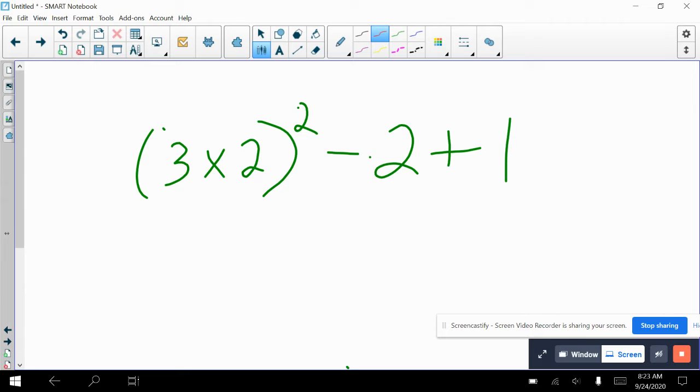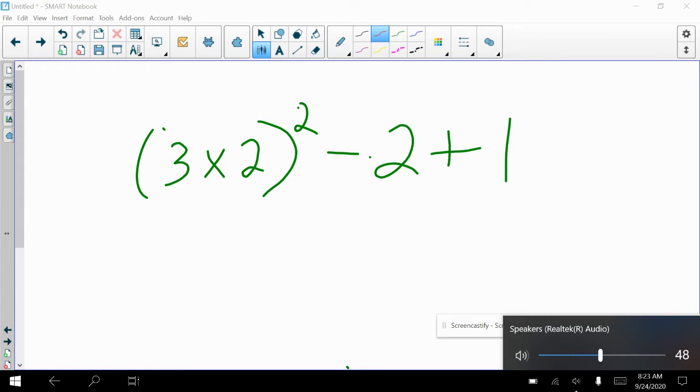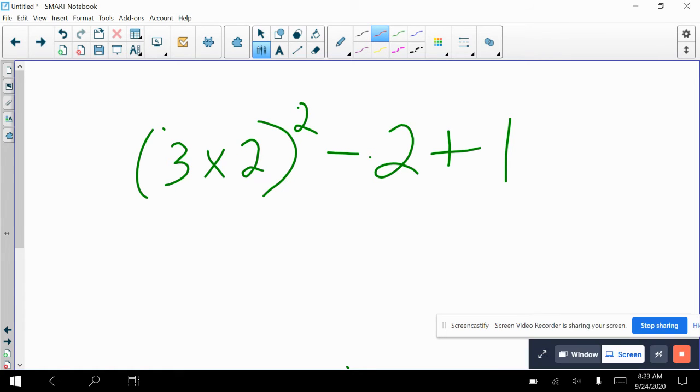No, it is not. Why not? Okay, Han. All right, very good. This is where I don't want you to get confused. The exponent is not in the parentheses, which means we do what first?